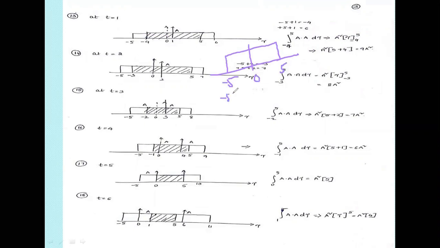At t equal to 1, minus 5 plus 1, 0 plus 1, and 5 plus 1, which means minus 4, 1, and 6. See the minus 4, 1, and 6 move towards the right side.